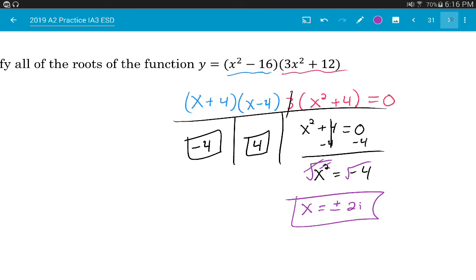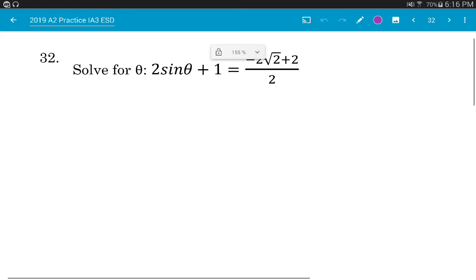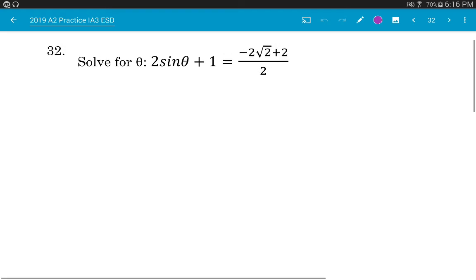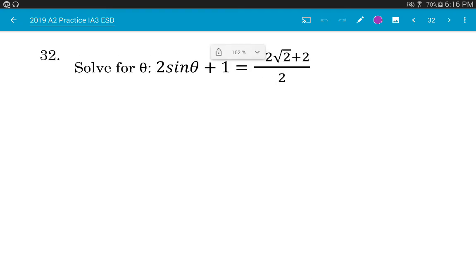Okay, next one. 32. Solve for theta. Alright, I'm going to want a calculator for this. The goal, of course, being that I get theta. So here's what I'm going to need to get rid of. I'm going to want a minus 1 to get rid of this.